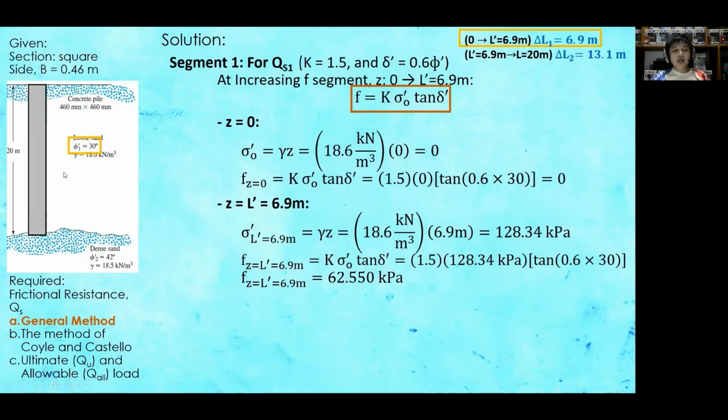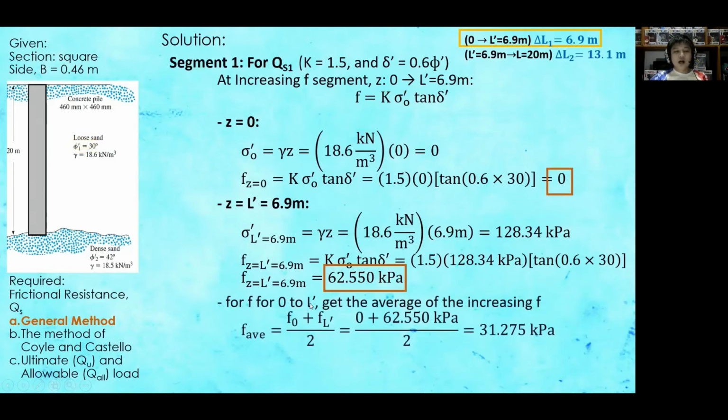Take note that if we are dealing with the point bearing, we will consider the property at the tip of the footing. But if that is for skin friction, then we will use the property at the immediate side of the pile. Again, 30 degrees. Thus, for our unit friction, it is equal to 62.550 kilopascals.